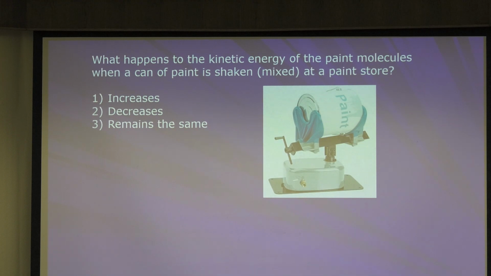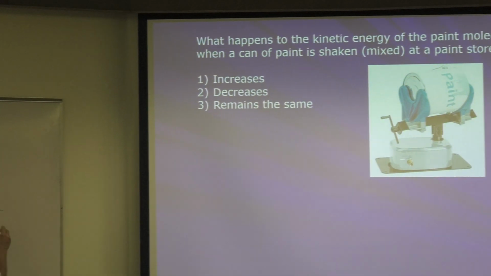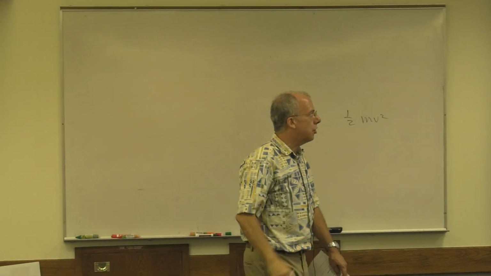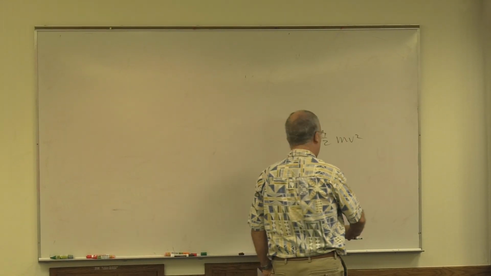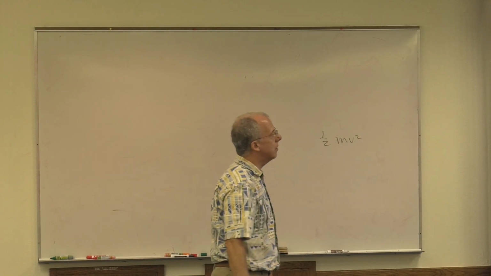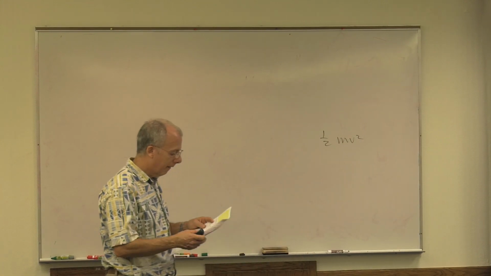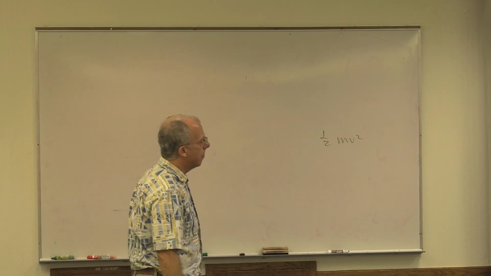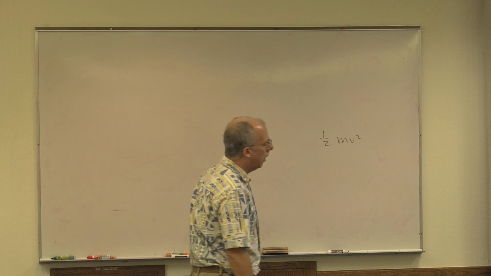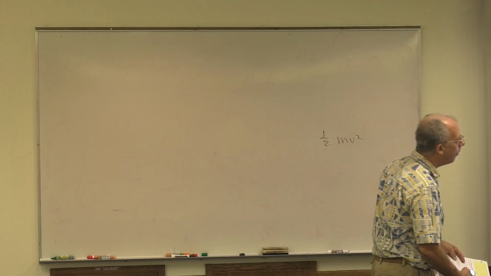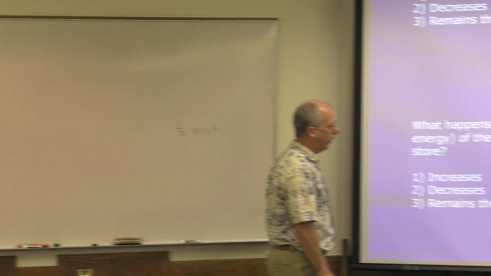All right, so we're back. So think about it. You have these paint molecules, they're being shaken. So kinetic energy is 1/2 mv squared. So the velocity is increasing. So what happens to the kinetic energy? It obviously increases. That makes good sense. Now therefore, what happens to the temperature of the paint when it's shaken?